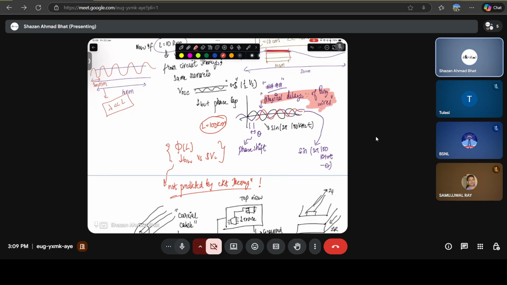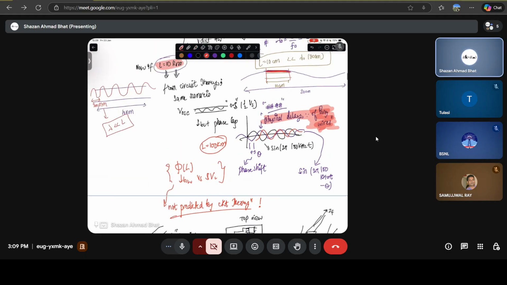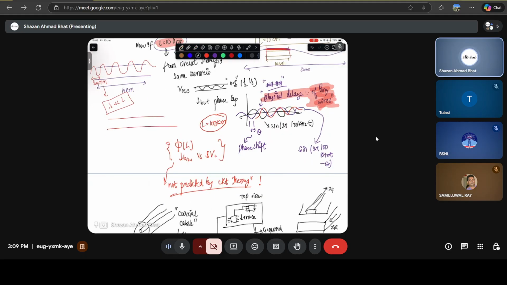That happens because of the nature of the wire you are talking about, because the length scale of the wire was of the order of 10 kilometers. Whatever electromagnetic wave you feed to the wire, you're going to have certain delays associated. Let's say you feed in an input voltage and you are measuring the output voltage.